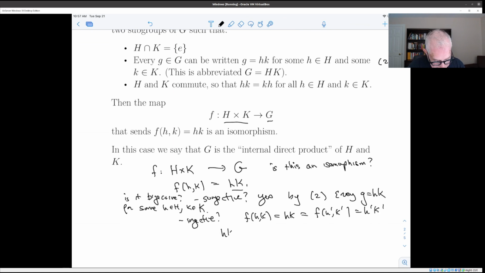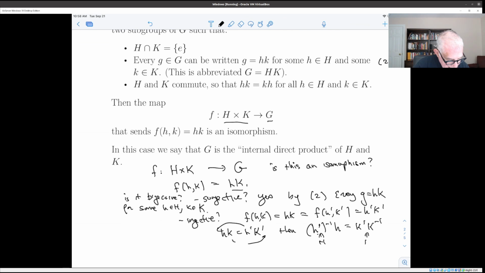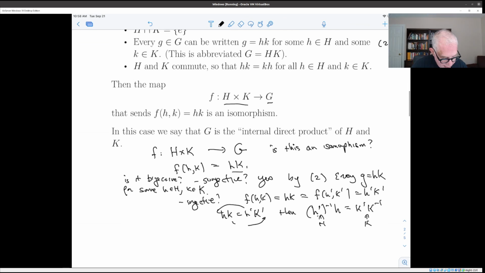So if hk equals h'k', then it must be the case that h' inverse h equals k' k inverse, by moving the k onto this side of the equation and the h onto the other. This is a product of two elements of H, and this is a product of two elements of K, and they're equal to one another.